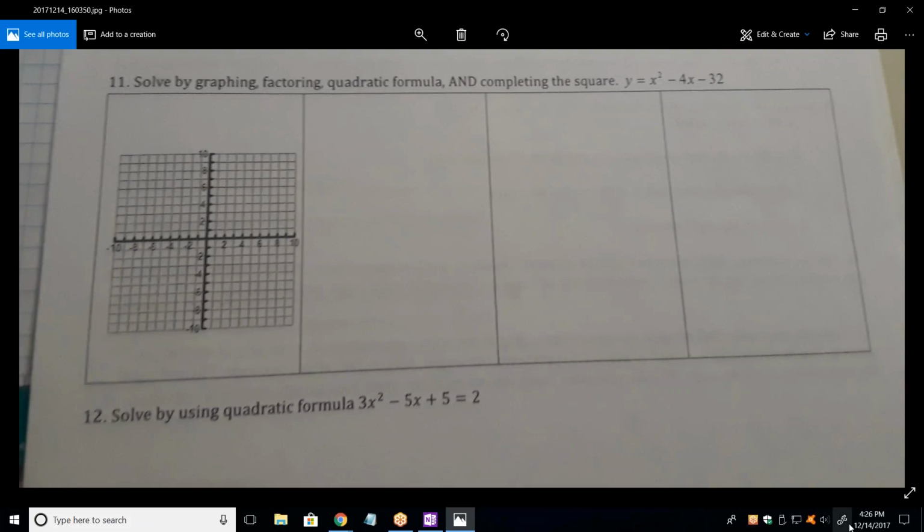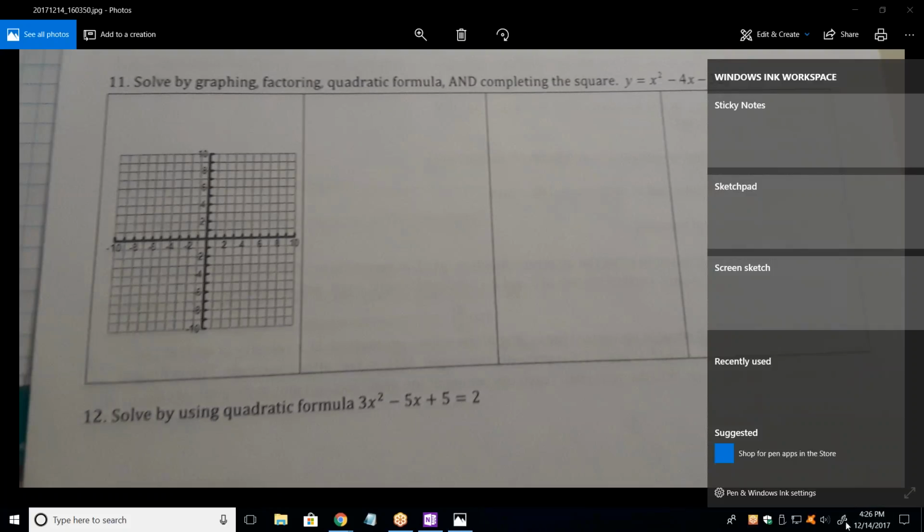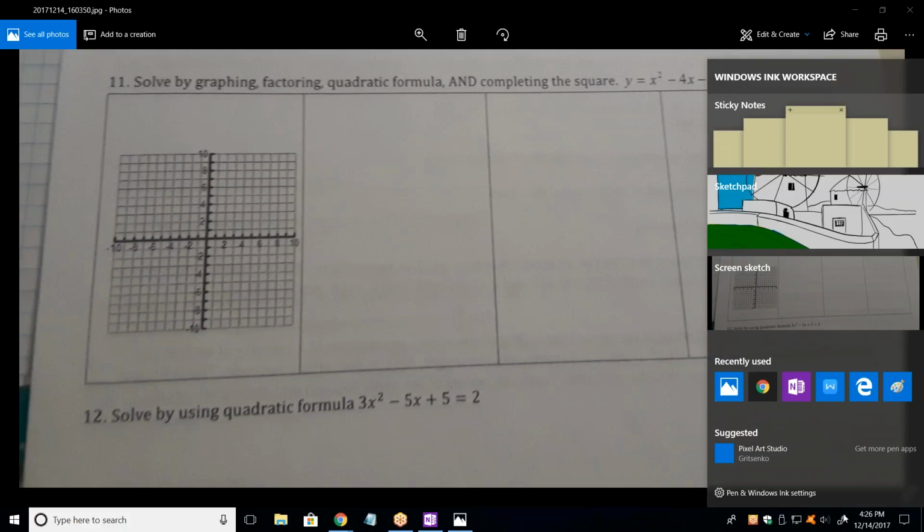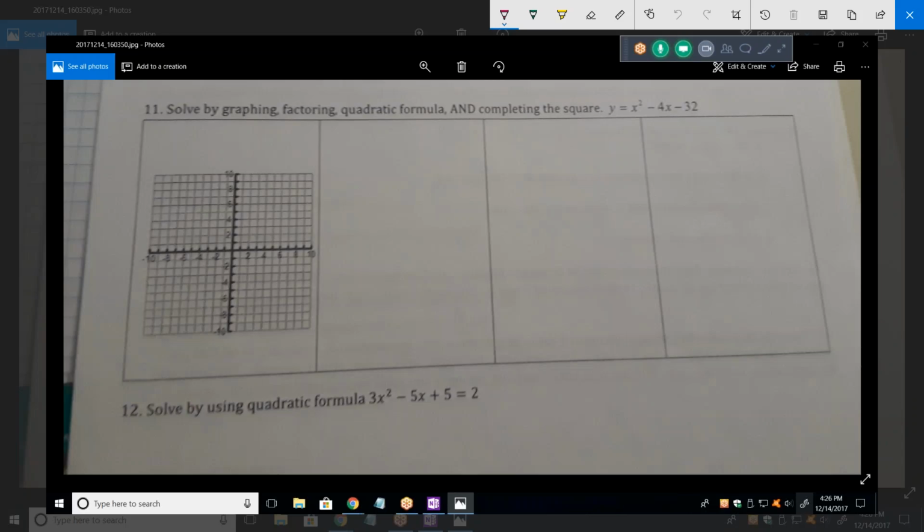So they want us to use 3 methods to solve this. Do the hardest one first, completing the square. In other words, if I can complete the square on that, I will have it in Vertex Format.